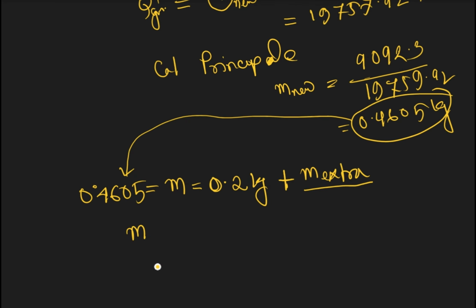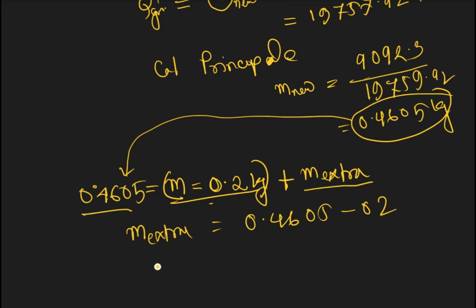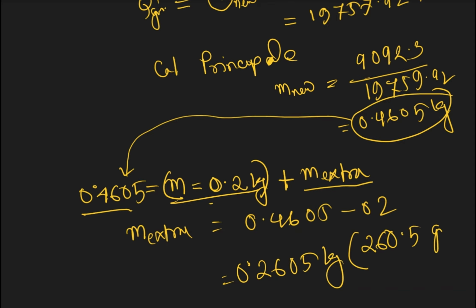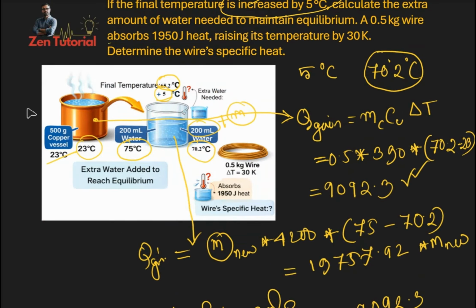Anyways, so the extra amount of water is equal to this one minus this value, so 0.4605 minus 0.2, it will be 0.2605 kgs, or 260.5 grams need to be added. This is the first part of the second question.